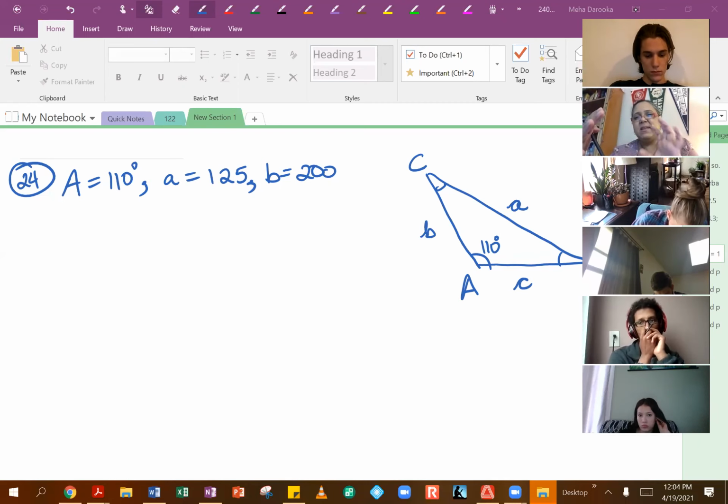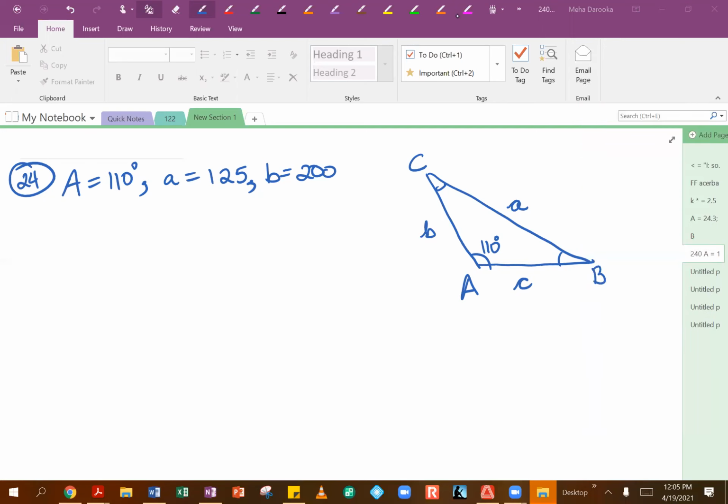So if 110 is our largest angle, but in our measurements side B is the larger side, A is 125 and B is 200, well, that is not possible, because the side across from angle A has to be the largest side, and that's not the case in this example.